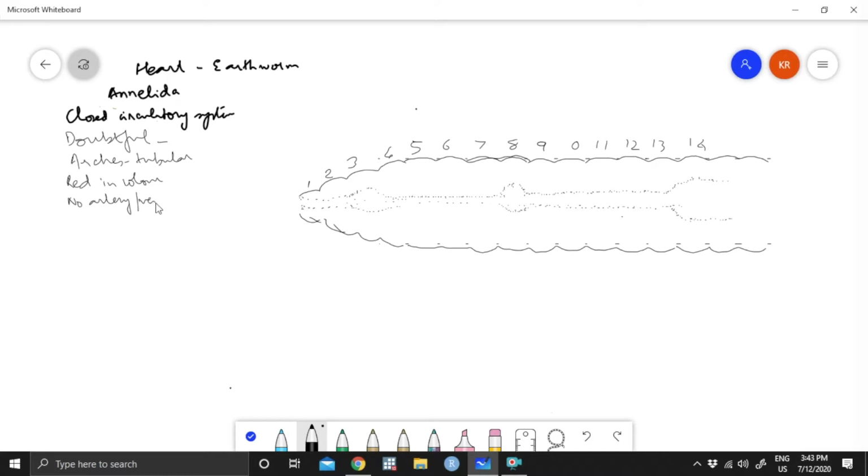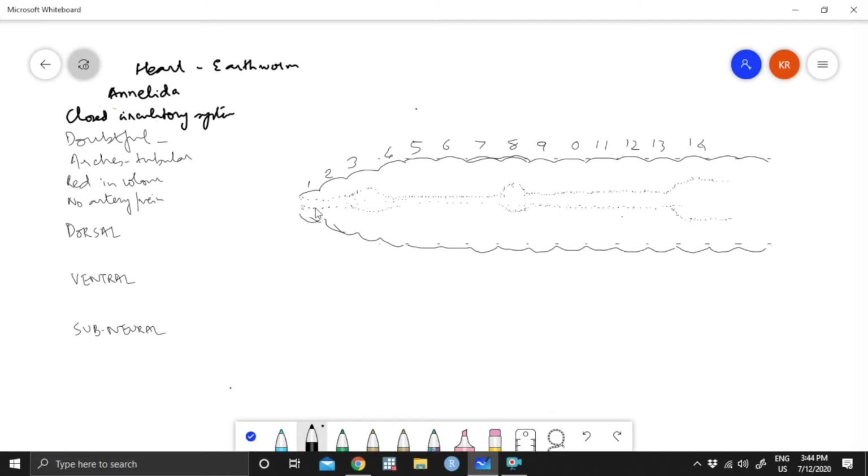Because there is no real heart as such, we don't consider any blood vessel as artery or vein. So the main blood vessel in this is a dorsal blood vessel. Then there is a ventral blood vessel and a subneural blood vessel. And then I will tell you about the heart.